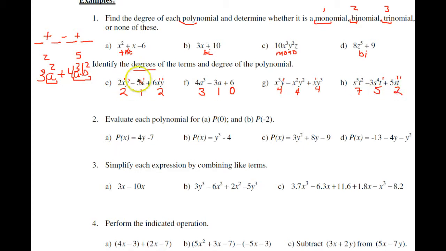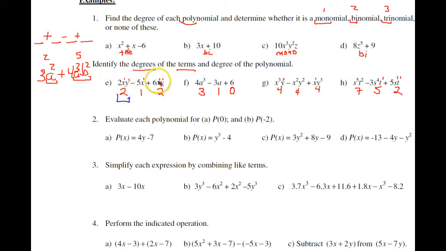So we now have listed the degree of each term, but now we want to find the degree of the polynomial. Well, that is determined by the largest individual degree of the term. So here we have a 2, a 1, and a 2, so the largest is a 2.